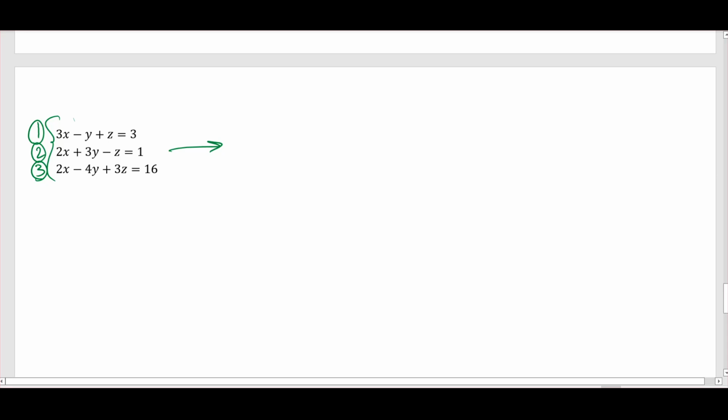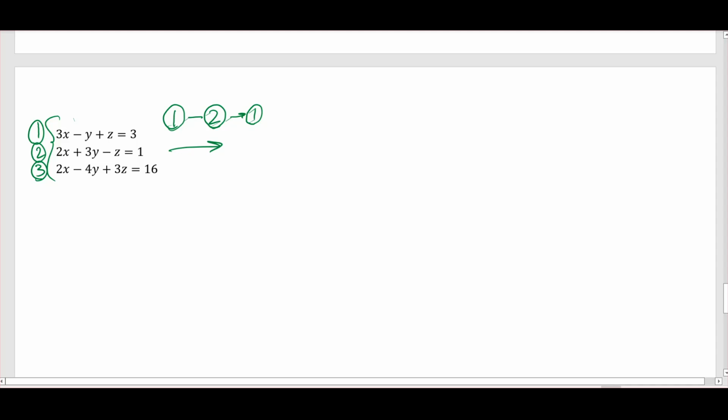So the easier thing to do would probably be to take row 1 and subtract row 2 and replace row 1 with that. So we are replacing a row with itself plus a non-zero multiple of another row. That was one of the legal moves we can do.